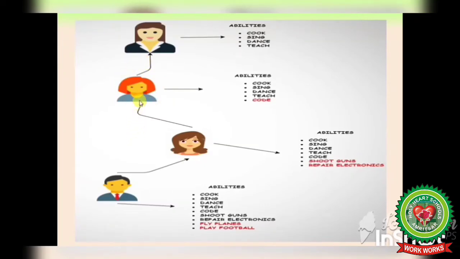After the son or daughter, the features move to the grandson or granddaughter. She also has some abilities like her grandmother: cooking, singing, dancing, teaching, etc. And some features like her mother also, like coding. These features are transferred according to the generations, from one generation to another. Suppose this is the first generation of that particular family, this is the second, this is the third, and this is the fourth one. All these four members have many similarities.